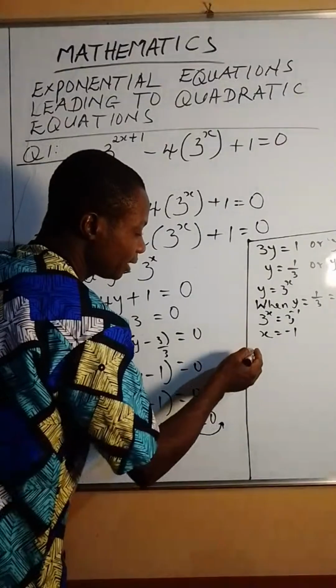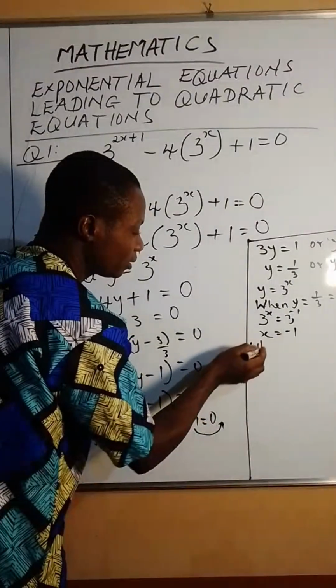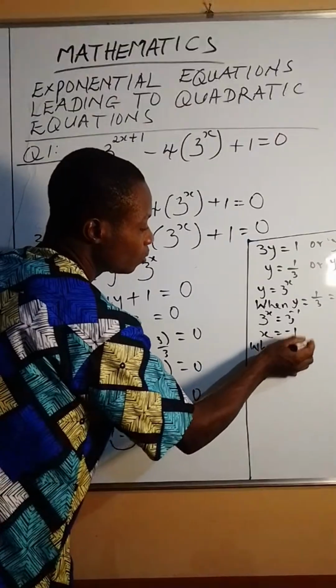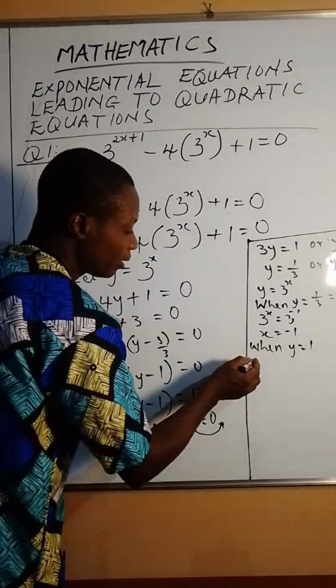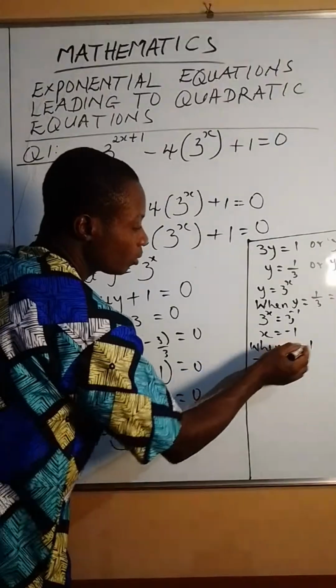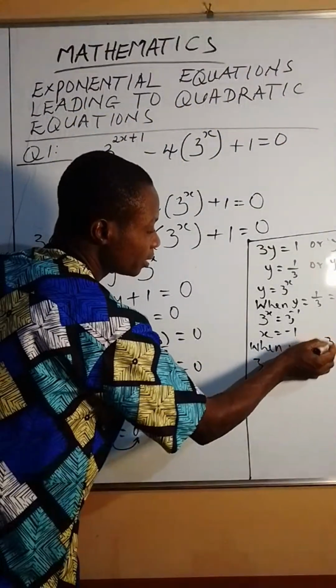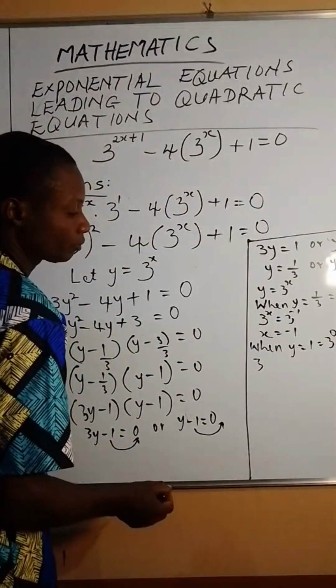Then the next case is when y is equal to 1. We now have 3 raised to x. Remember that 1 is the same thing as 3 raised to 0, right?